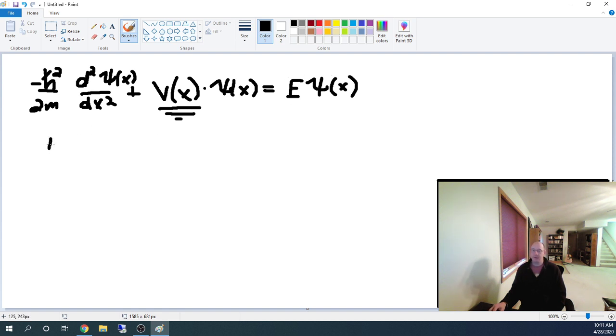So that's why I wrote down that there's an E sub n, where n labels which energy we're talking about, and then there's a wave function that goes along with that as well, psi sub n. And then we talked about the idea of operations, operators. So the energy operator, well, let's talk about expectation values and stuff like that.